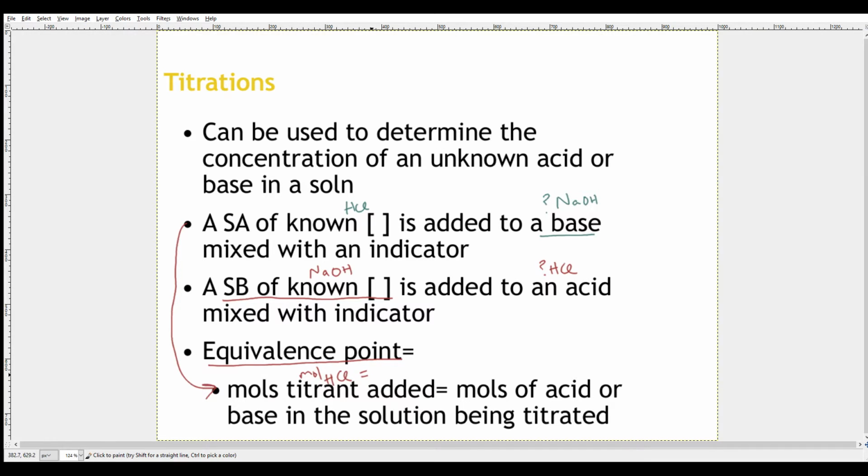We're not talking about molarity here. When the moles of hydrochloric acid added are equal to the moles of the thing being titrated, in that example the moles of NaOH, that is the equivalence point.